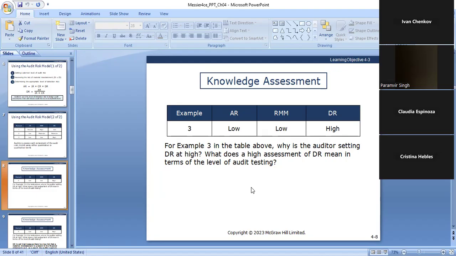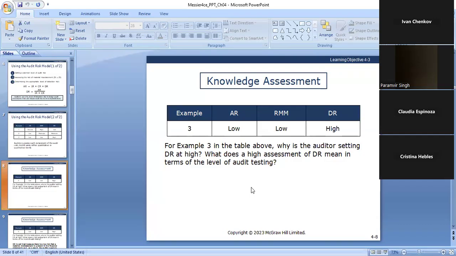We have to go to the five elements of internal control risk to see which ones are missing. In this case, if those five elements of control risk don't exist in the company, the control risk will be high, because the company has a high potential to have something wrong.